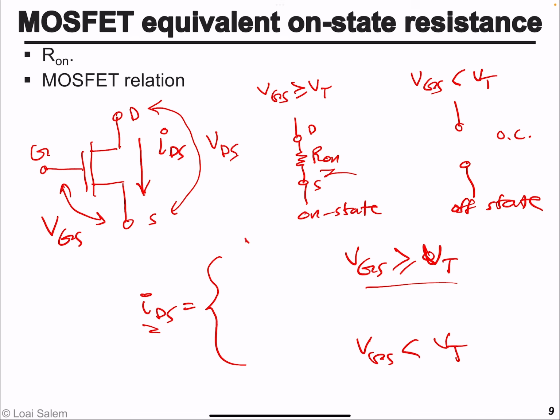So it will be VDS divided by R on. That's the current. The voltage difference between drain and source divided by the resistance, from Ohm's law. On the other hand, if VGS is less than the threshold voltage, then it will act as an open circuit. So essentially, the current IDS, the drain to source current, is going to be 0.